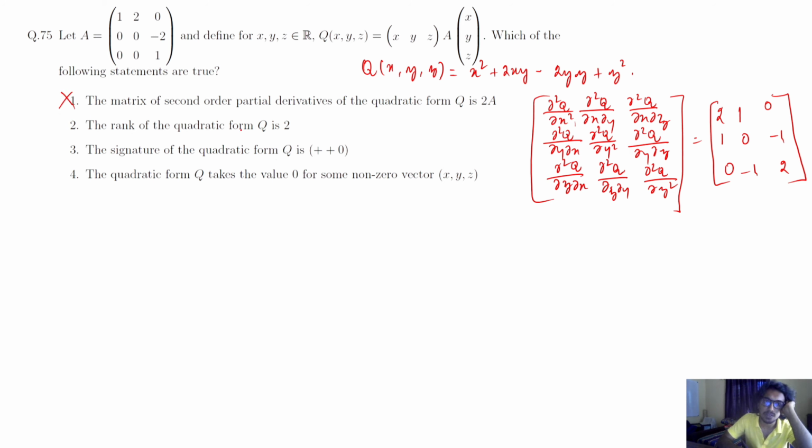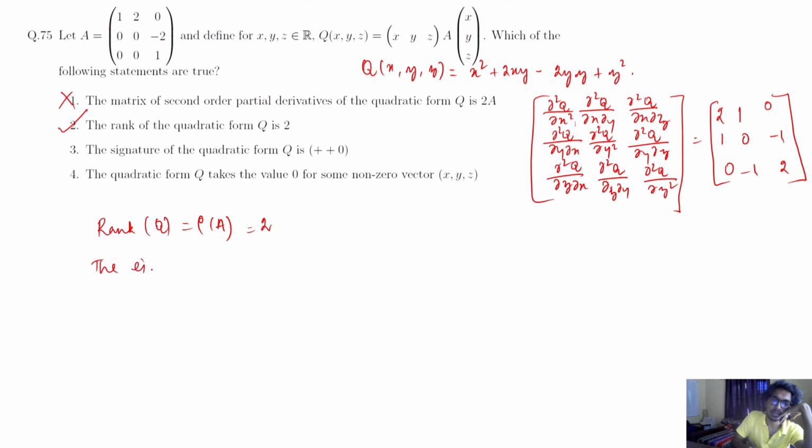The rank of the quadratic form is 2. The rank of the quadratic form is the same as the rank of the matrix associated with it. It has only 2 independent rows, so therefore the rank is 2. Okay. Since it is an upper triangular matrix, the eigenvalues are what?